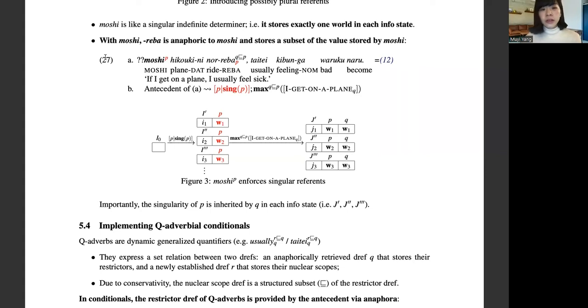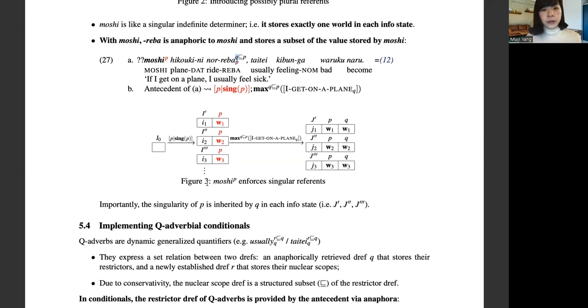So that you can see on the indices decorated on the example in 27A, where Moshi introduces a new discourse reference P, and the connective leba is co-indexed with it, anaphoric to P, and at the same time introduces a new discourse reference Q.